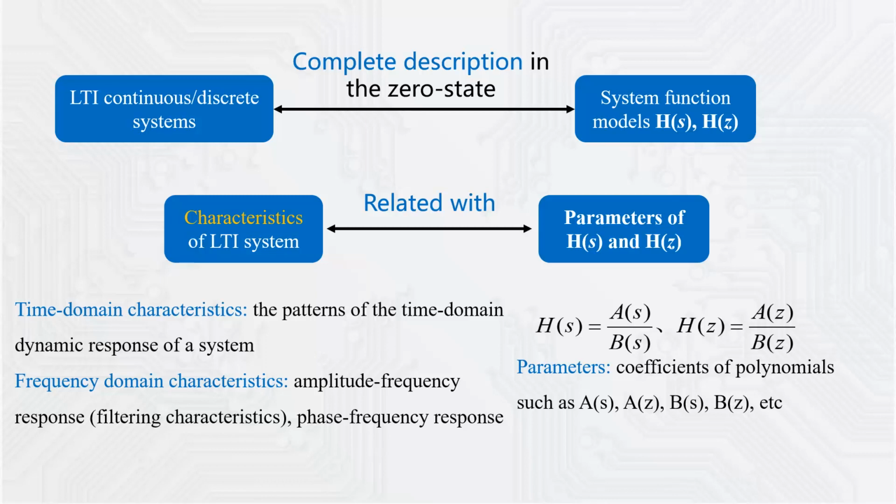The so-called parameters of a system function refers to the coefficients of the polynomial of numerators and denominators. In other words, what kind of characteristics a LTI system will have in time or frequency domain depends on the numerator and denominator polynomial coefficients of its system function.